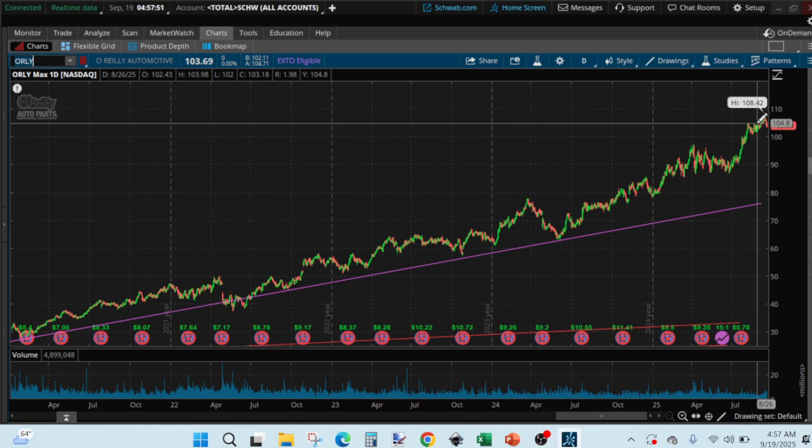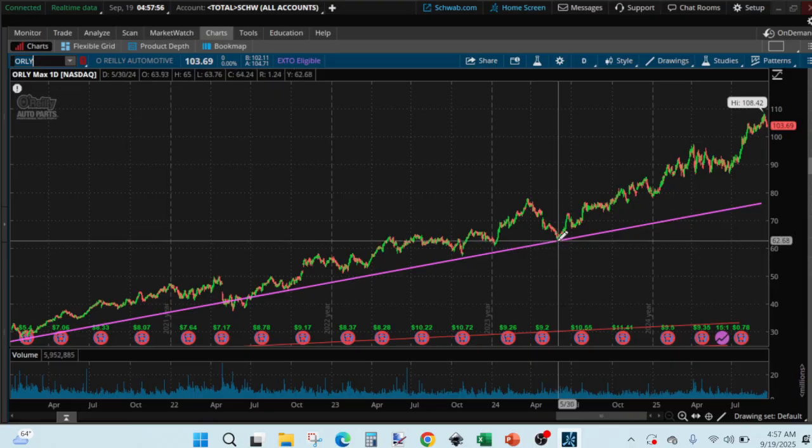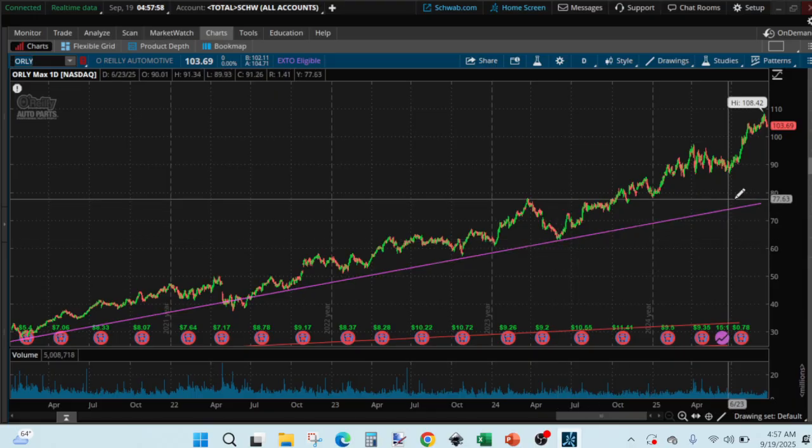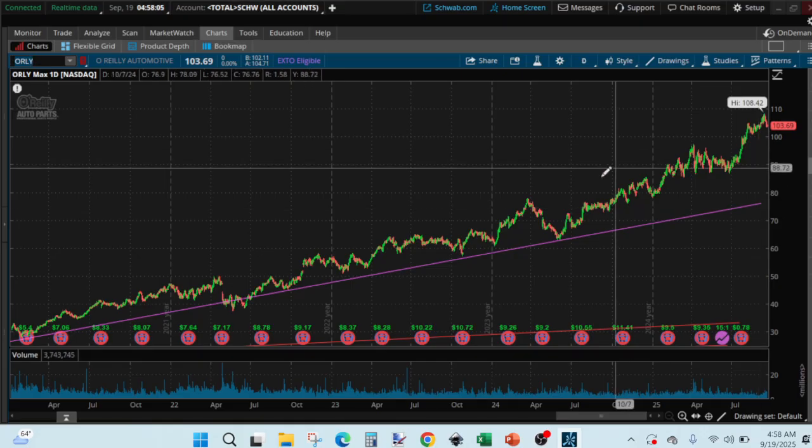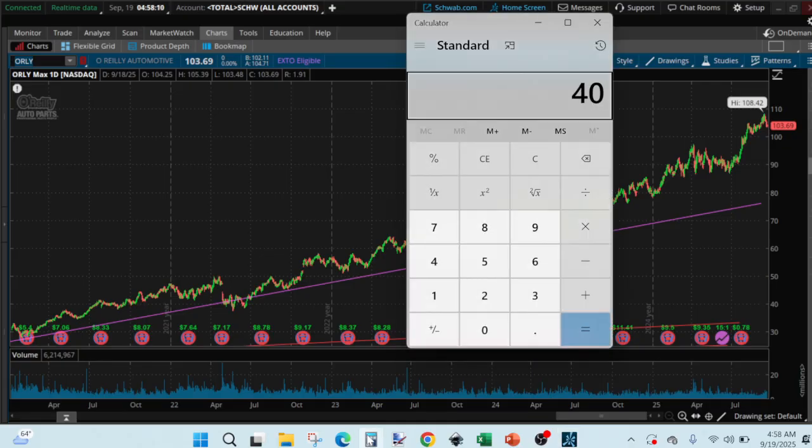You would have held on to it for more than a year, from May to September now, and make $40 profit. $40 divided by 60 is 66% for that time frame, for a year and a half that you hold on to it.